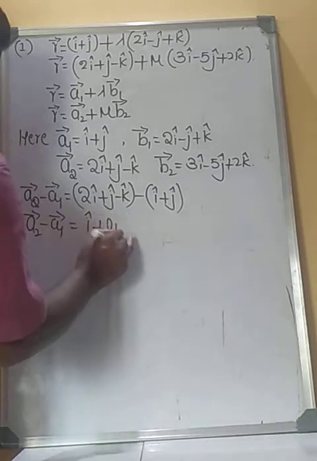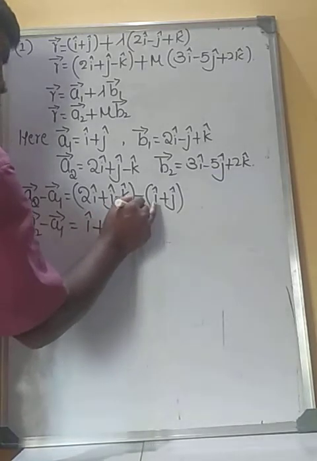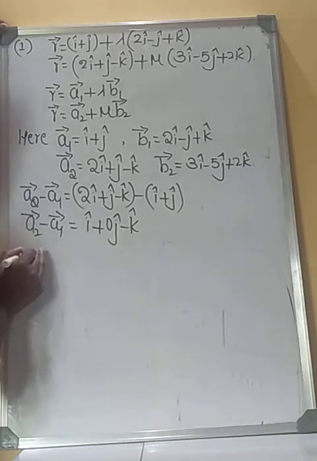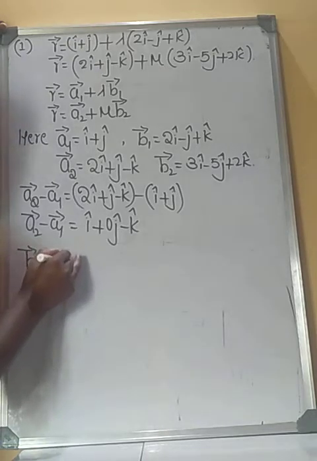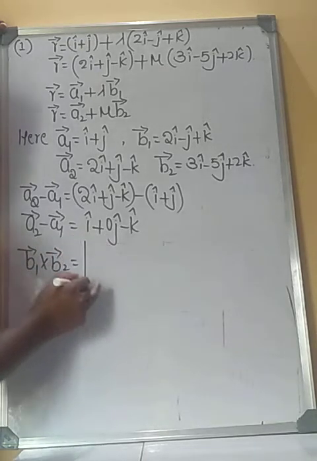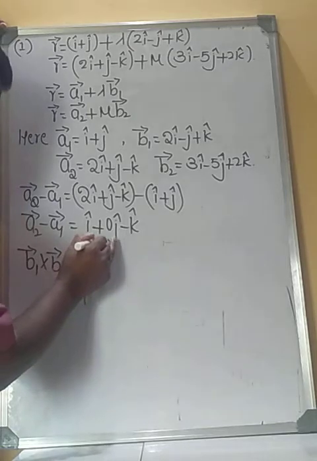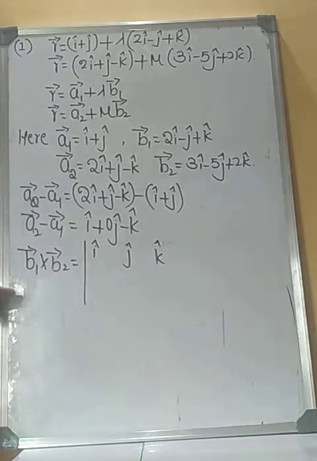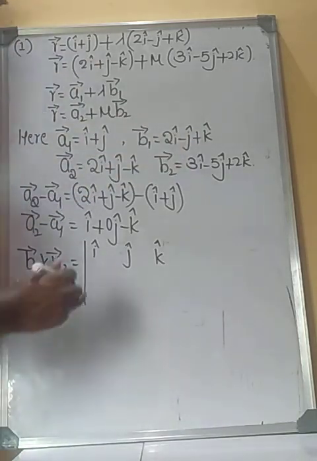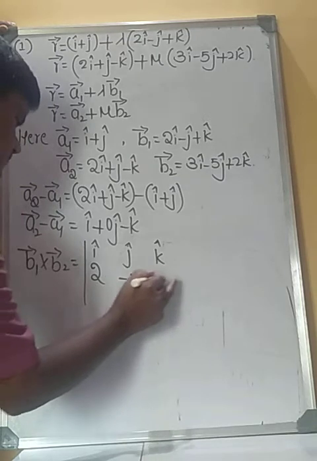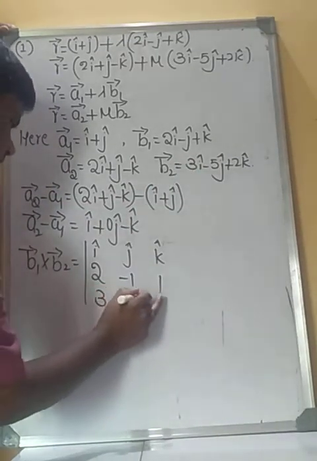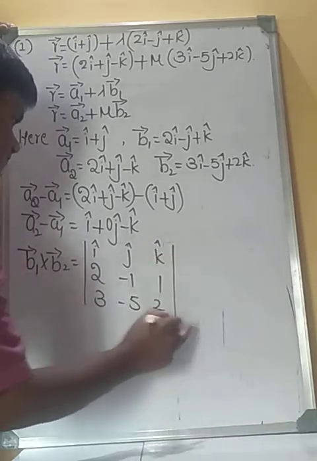or i minus k, and vector B1 cross vector B2 is equal to the determinant of i, j, k. Write B1 vector components 2, minus 1, 1, B2 vector components 3, minus 5, 2.